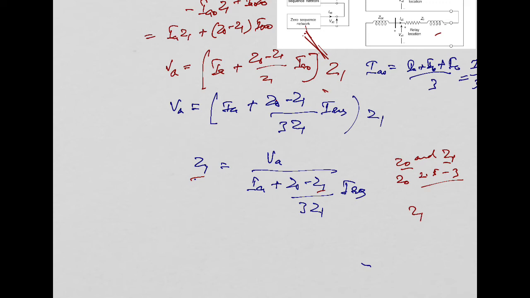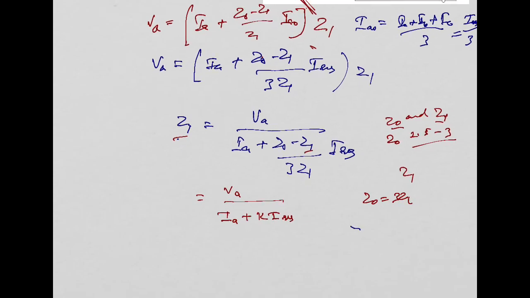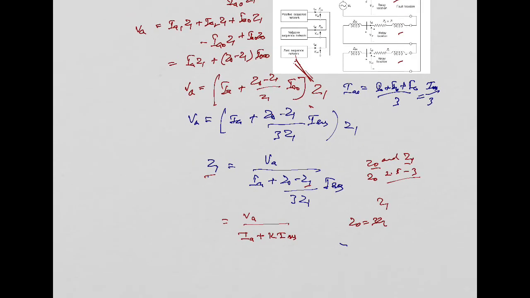Now in this scenario, let us assume that Z0 is equal to 3Z1, and then the above equation becomes Z1 equals VA divided by IA plus K I residual. So what is the value of K in that case?